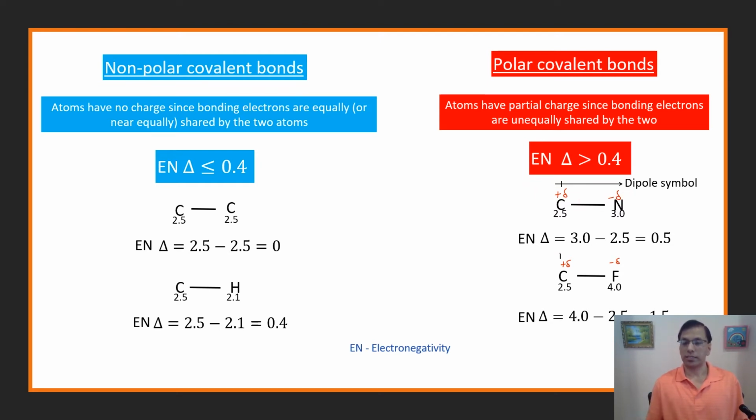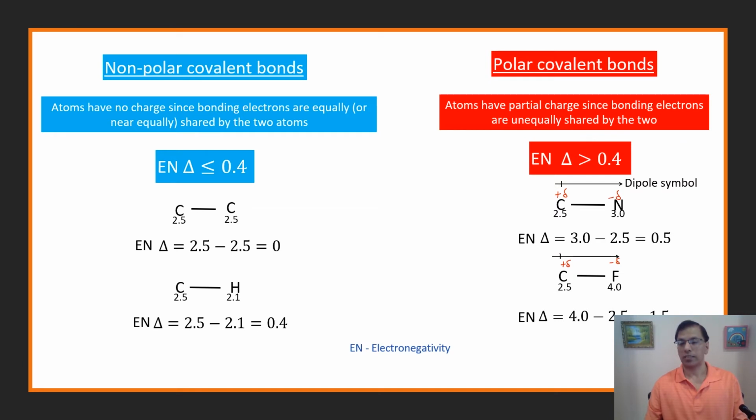Let's look at another example. The carbon-fluorine bond. The electronegativity difference between the two bonded atoms is 1.5, and hence it's considered to be a polar covalent bond.